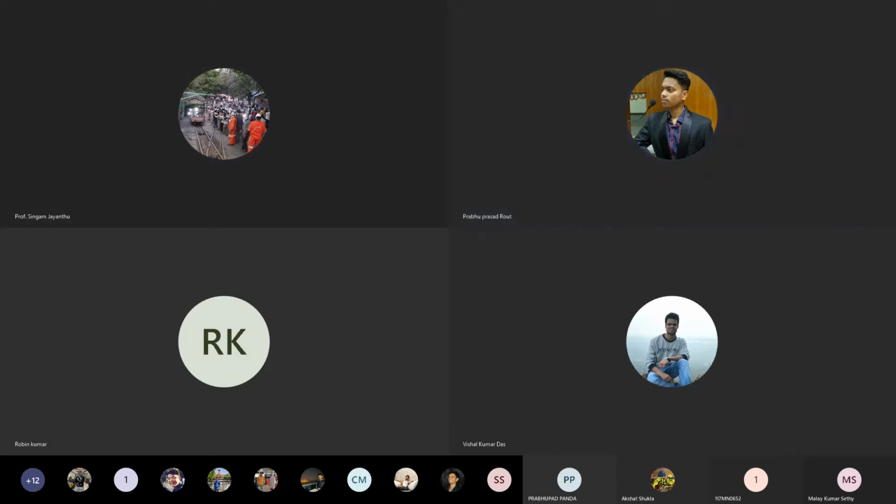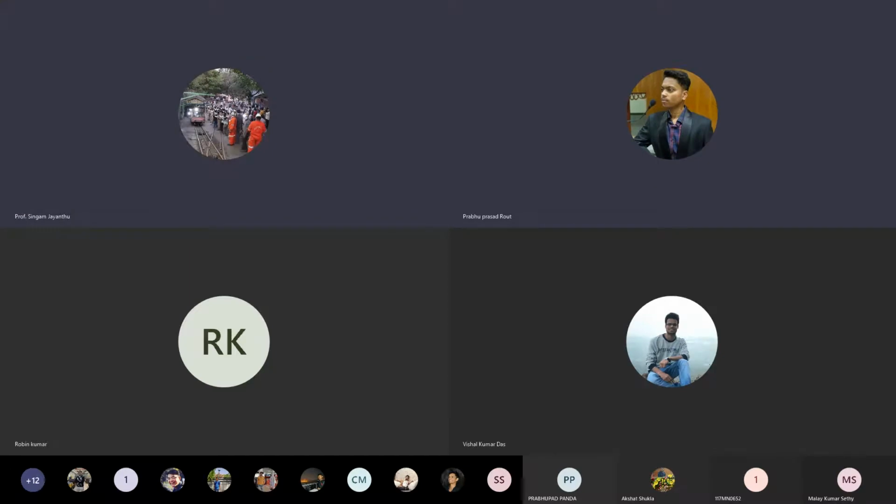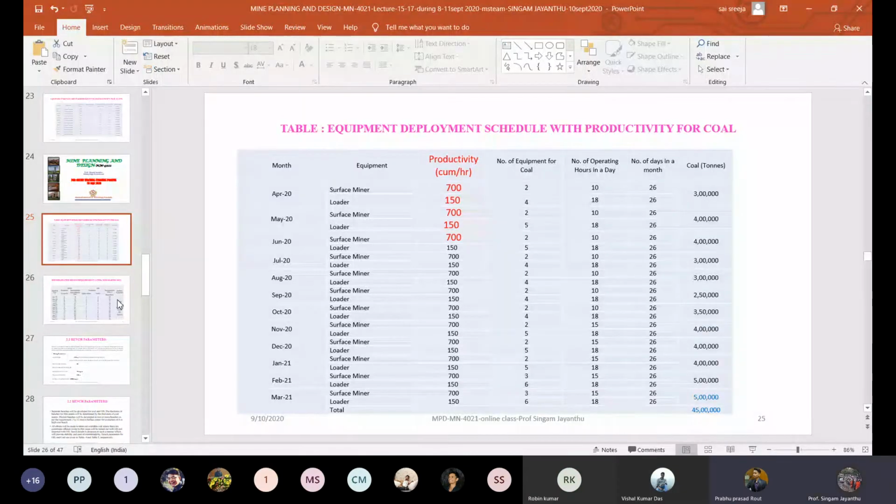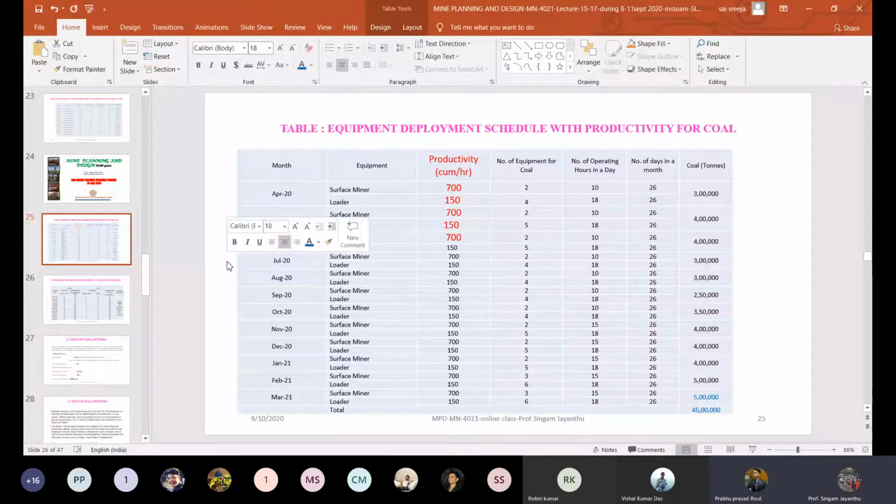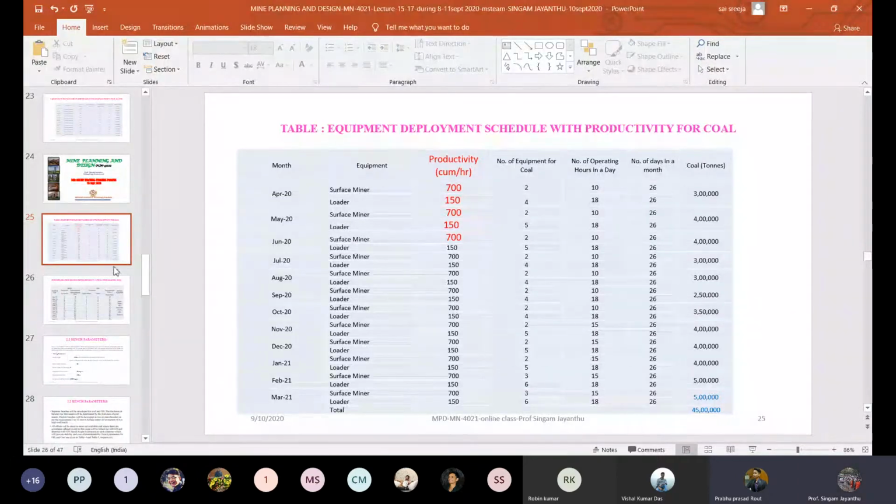In that mine, the manager came with our visit, and he told us that only two coal miners are deployed, and with those two coal miners they are planning for a target of 60,000 tons of coal per year. 60,000 tons of coal per year for a surface miner. This is very less.